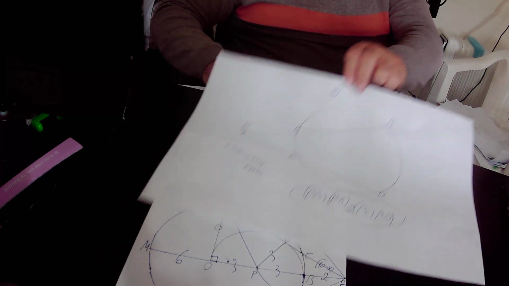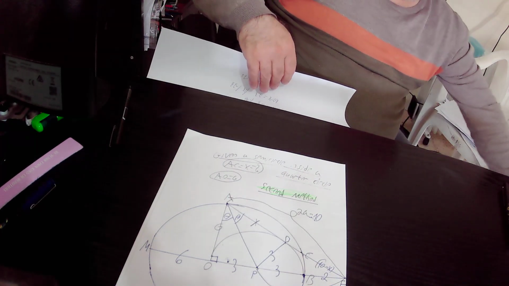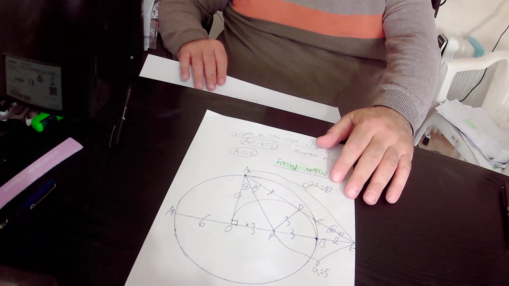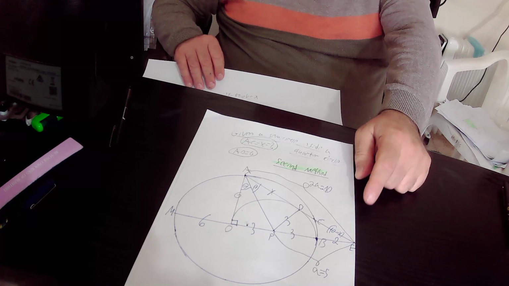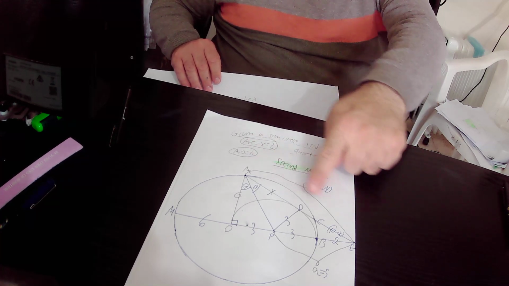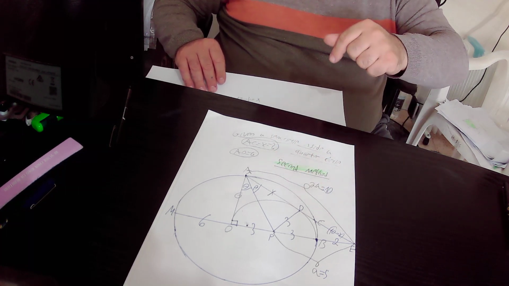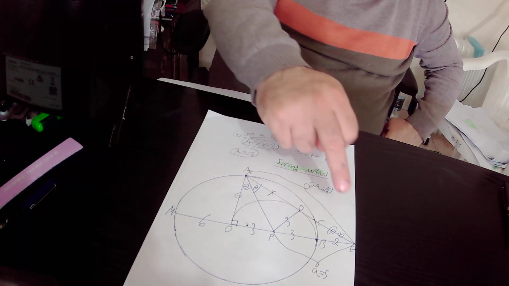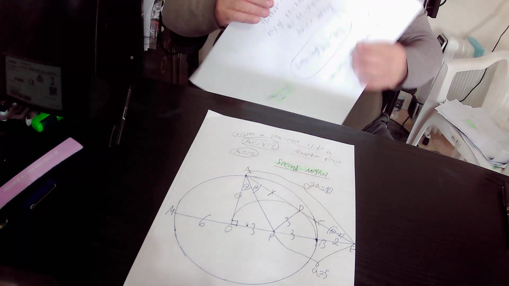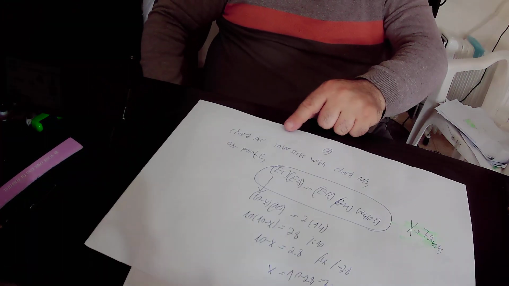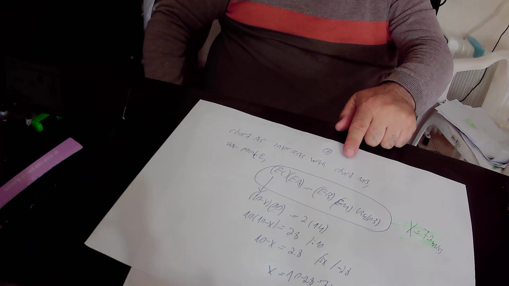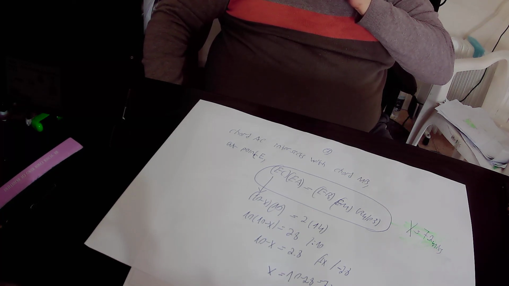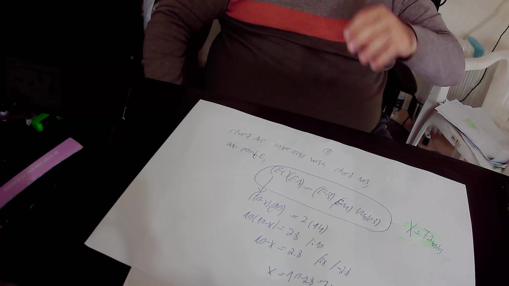Okay, so we can implement rule number 3 in our drawing, because in our drawing we have chord AC, chord AC intersects with chord MB at point E. Okay, chord AC intersects with chord MB at point E. Point E is the intersection point between those two chords that is outside the circle.